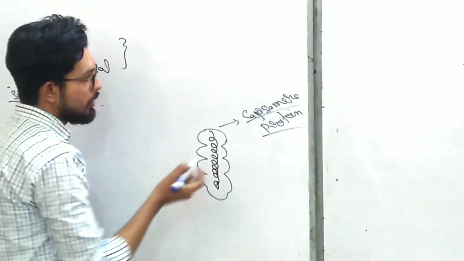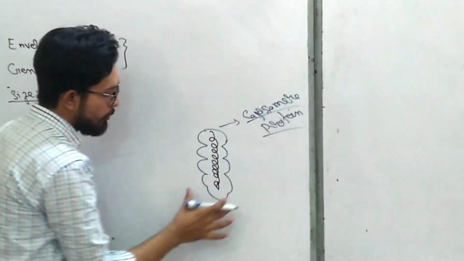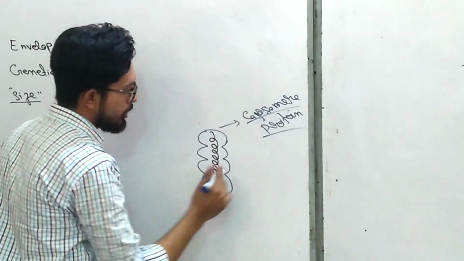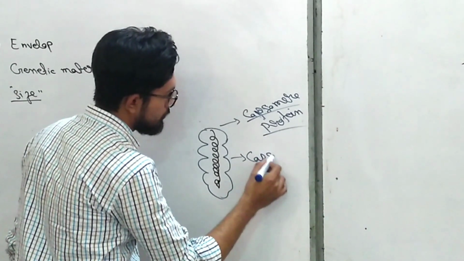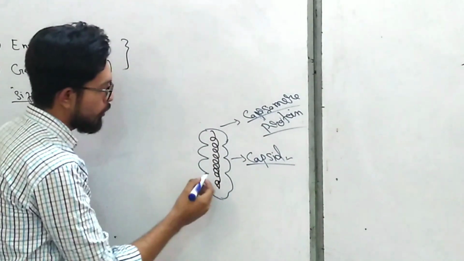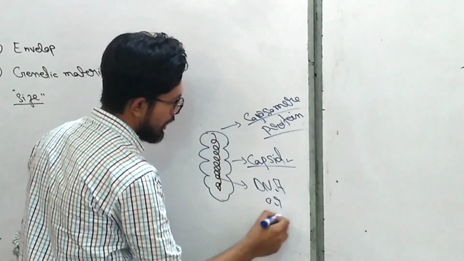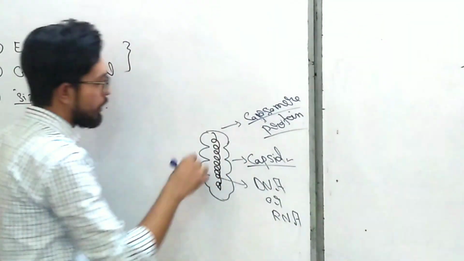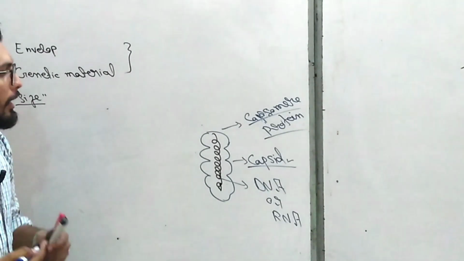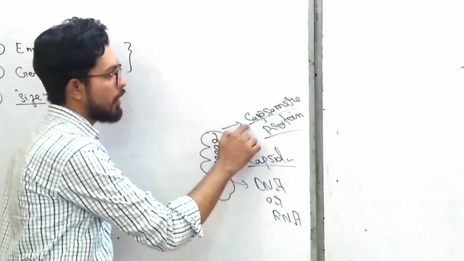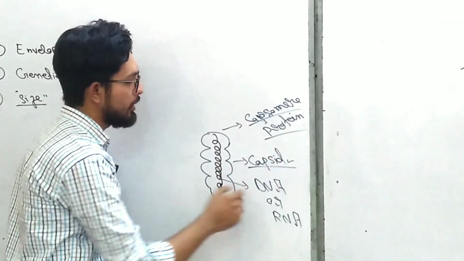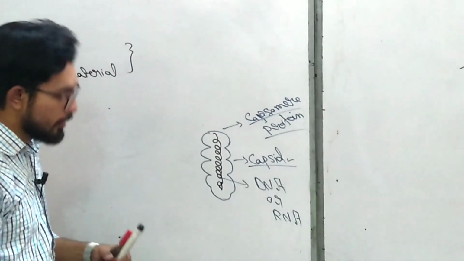These small molecules or proteins combine and form a large structure that is known as capsid. So the virus has DNA or RNA that is surrounded by capsomere protein, and these small capsomere molecules combine together to form a capsid that covers the DNA or RNA.